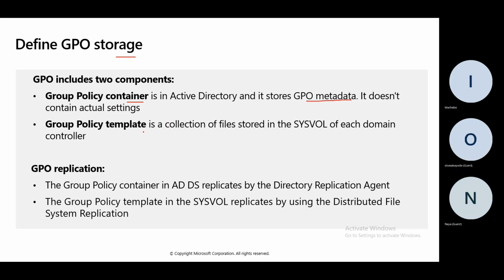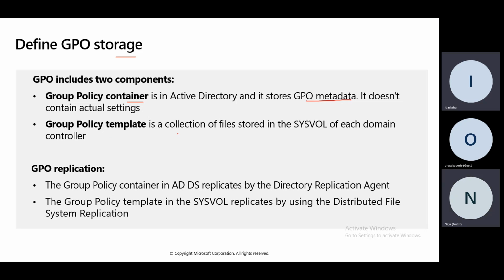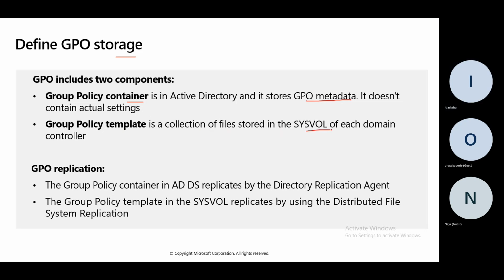So group policy templates. There are two types of components. We looked at the group policy container, which is the container where all your GPOs are stored in Active Directory, and it stores GPO metadata. Then your GPO template is a collection of files stored in SYSVOL.